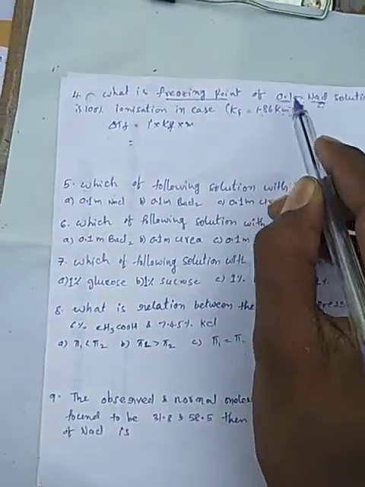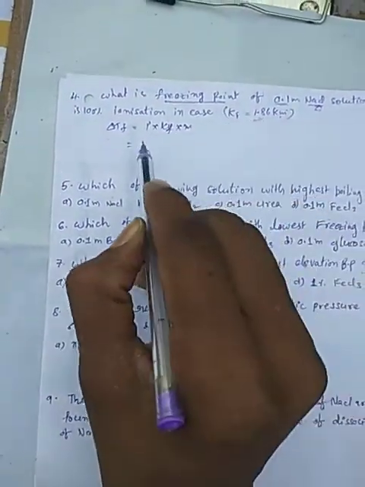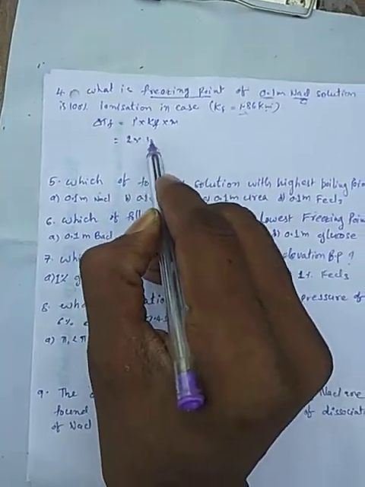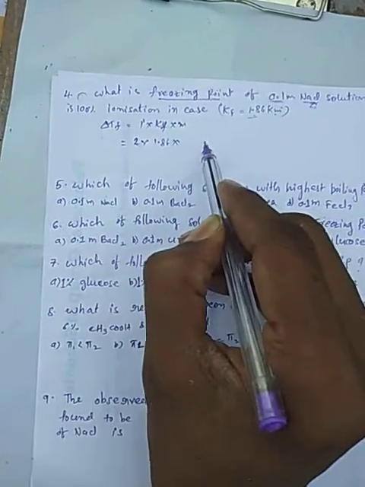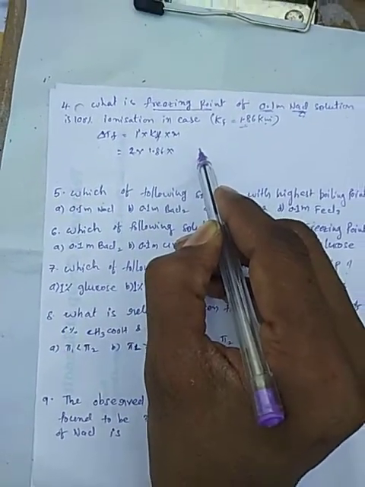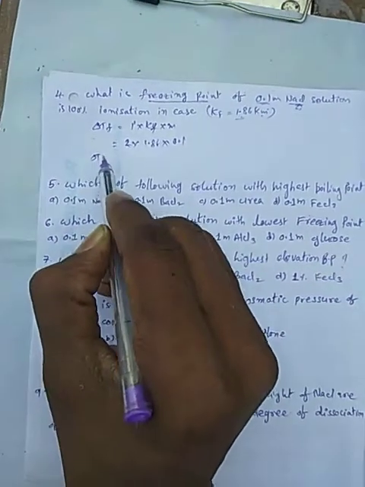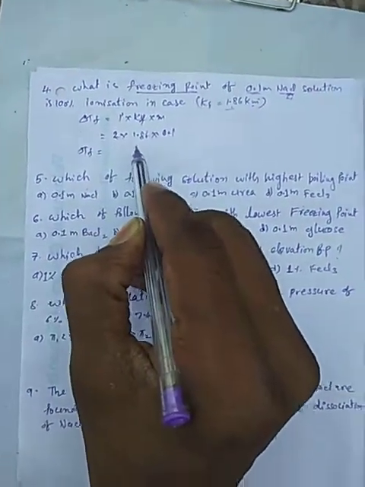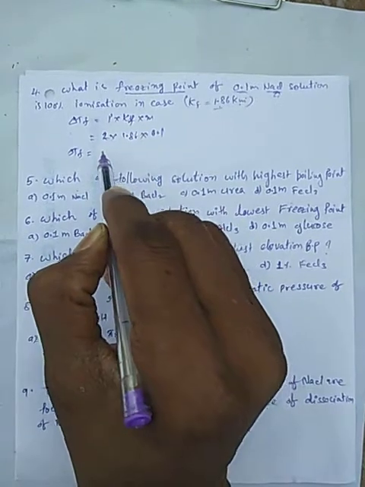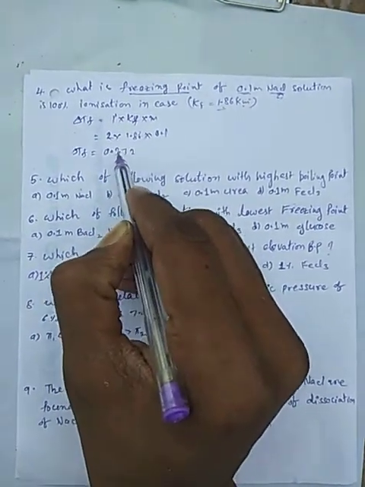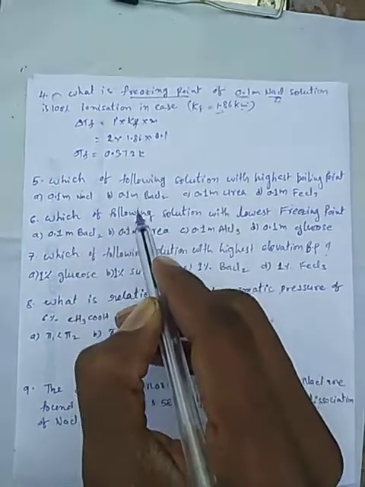Now molar concentration is given and Kf also is given. Now 2 into 1.86 into m, given 0.1. Now delta Tf will become 0.372 Kelvins.